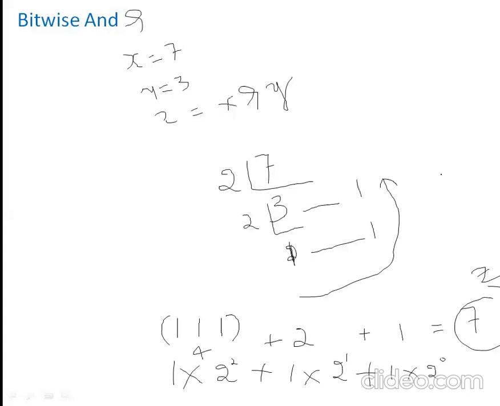In this way it will be executed. When we write x equal to 7, y equal to 3, obviously we will get the value of z as 7. But internally, it works like this in the computer. First the value of x is converted into binary, then the value of y is converted into binary, then the resultant binary is converted again into decimal form, and the result will be 7. Clear? You can note down this example.